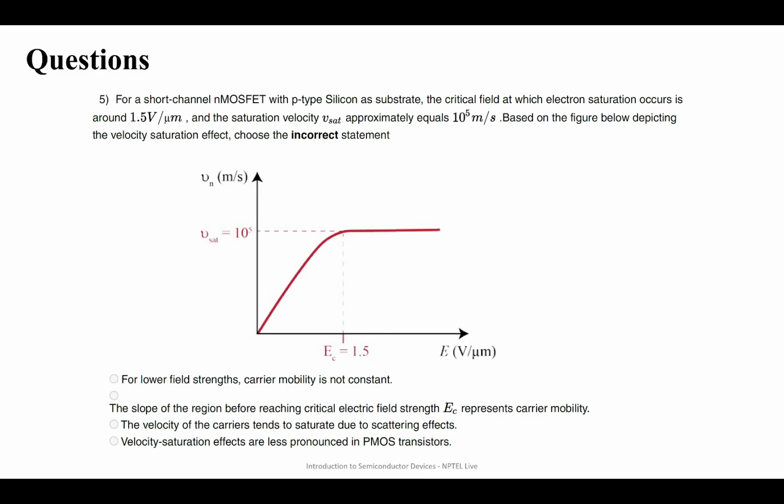For lower field strengths, the carrier mobility is not constant. The slope of the region below the critical electric field strength EC represents carrier mobility. The velocity of the carriers tends to saturate due to scattering effects. Velocity saturation effects are less pronounced on electric vehicles.